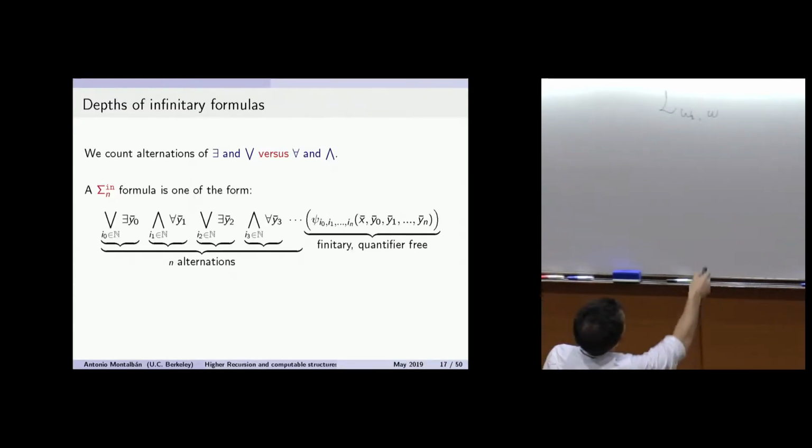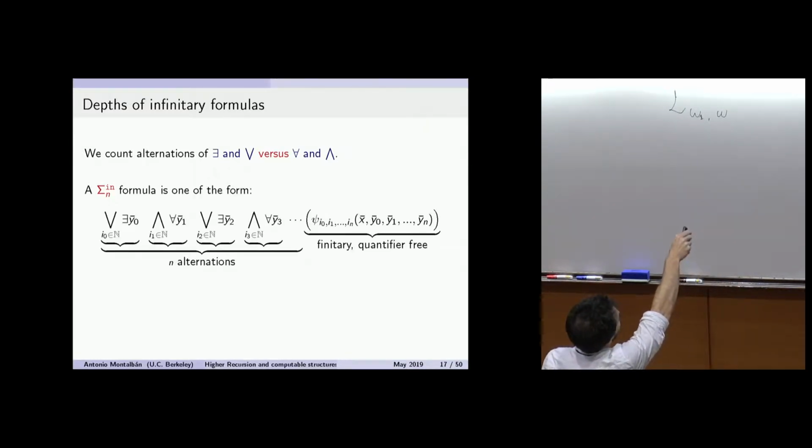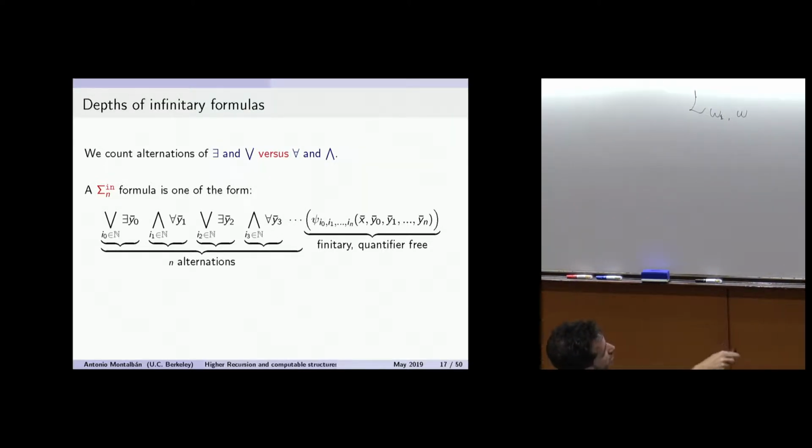For instance, a sigma n infinitary formula, the in is for infinitary, is of the form infinitary disjunction of there exist, conjunction of for all. So we are grouping these together, n alternations. And then something that is finitary and has no quantifiers at the end. All right, so essentially the infinitary ors count as exist, infinitary ands count as for all when you're counting complexity.